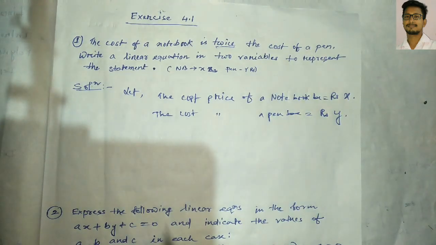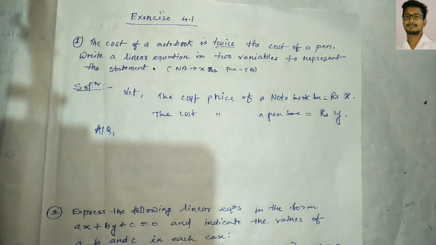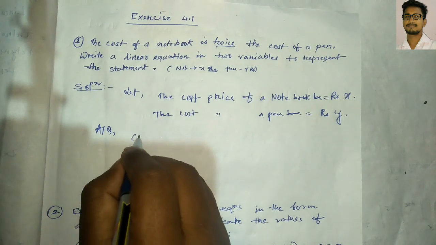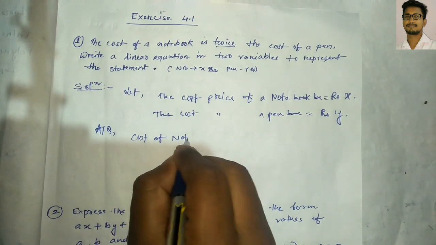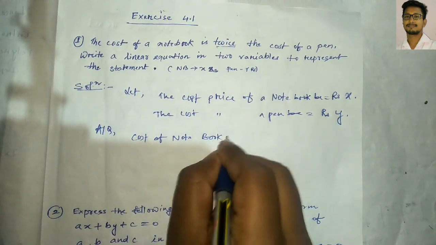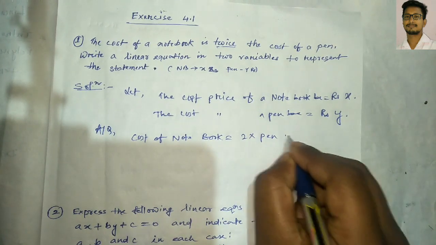Done. Now according to the question, what is given here? The cost of a notebook is twice the cost of a pen. That means the cost of the notebook is twice, meaning 2 times, the cost of a pen.